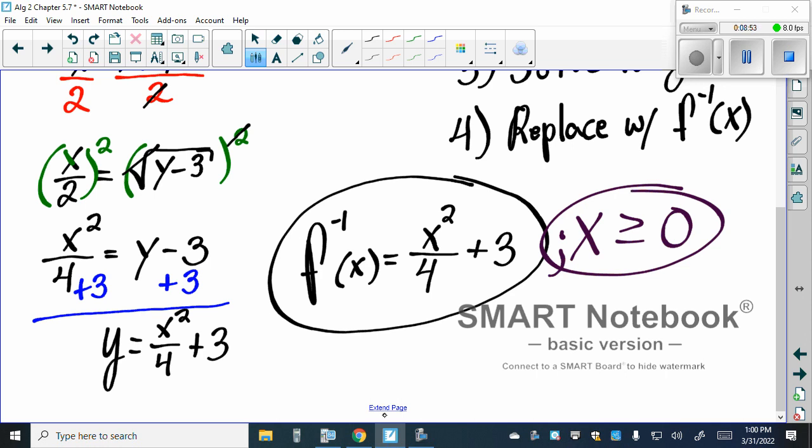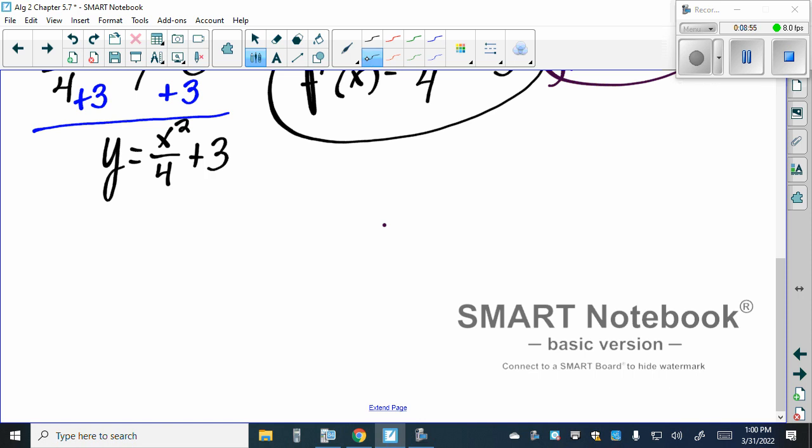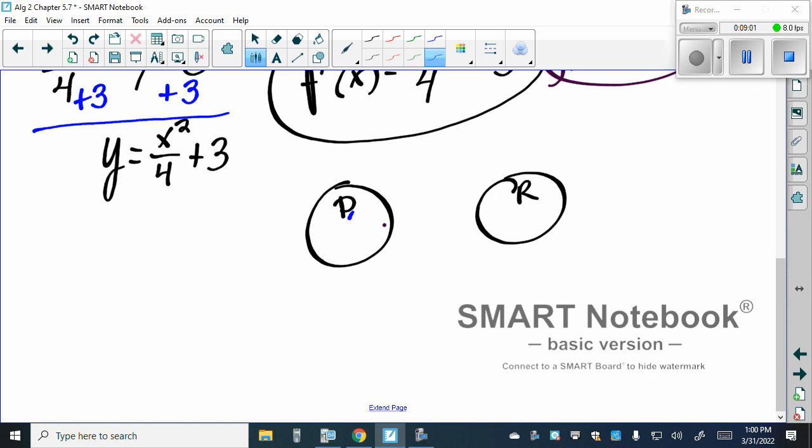Well, if we talk about functions, kind of as I did the other day, the domain and the range. Our function f of x that we started with takes points from the domain and maps them to the range. It takes our x values and connects them with a specific y.